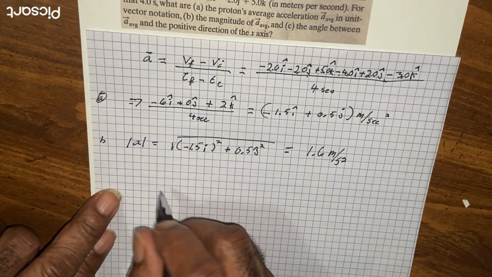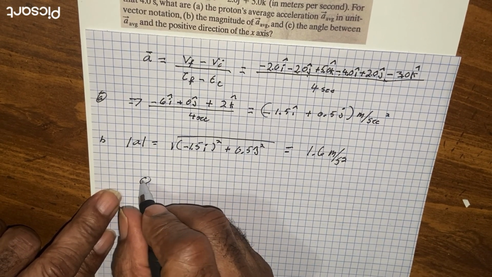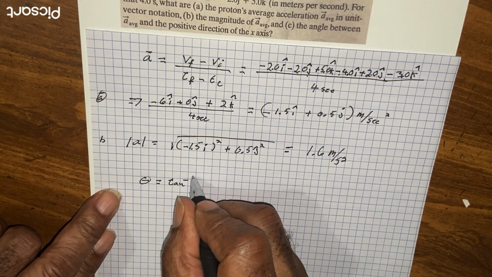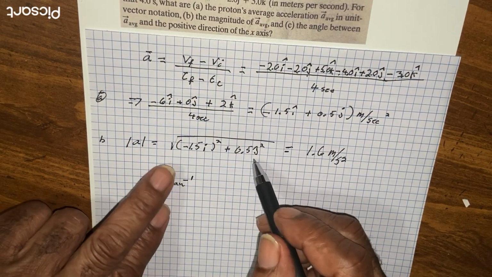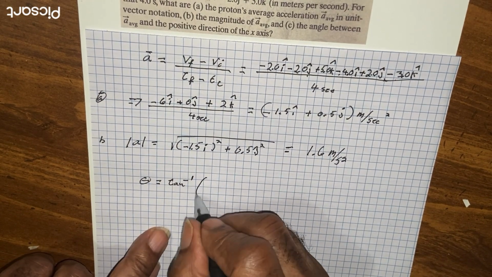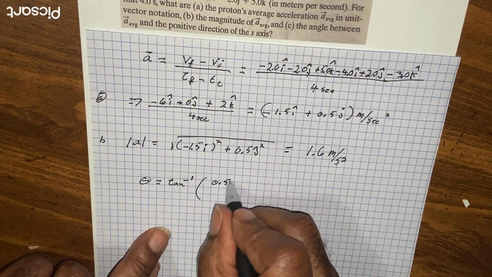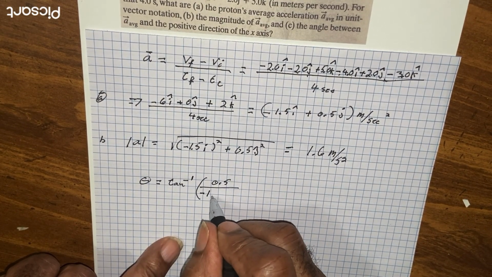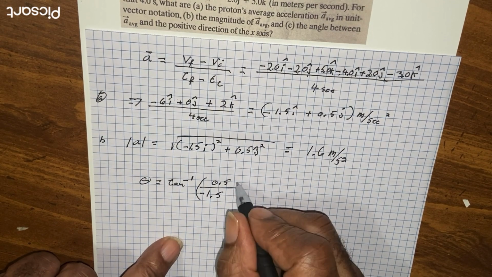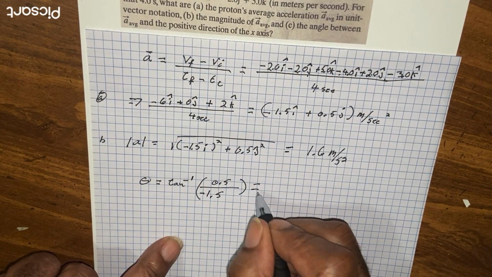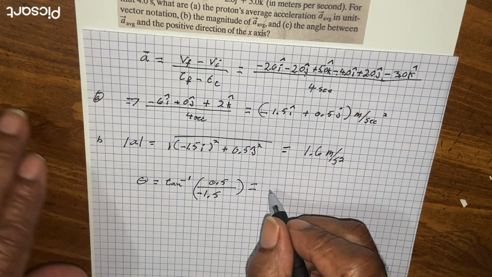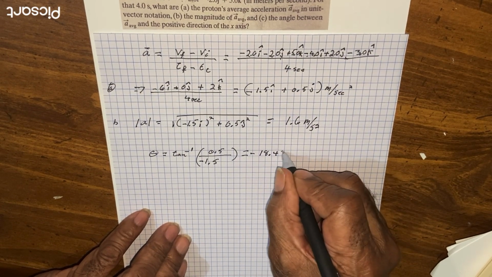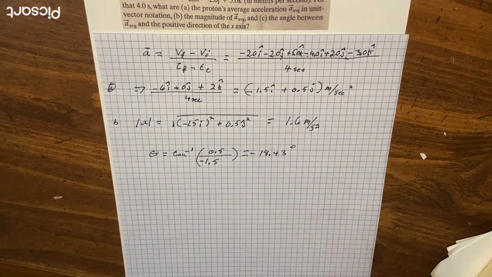So we'll just go theta equals tan to the minus 1 of the j component, which is 0.5, divided by the i component, which is a minus 1.5, and that's going to equal a minus 18.43 degrees.